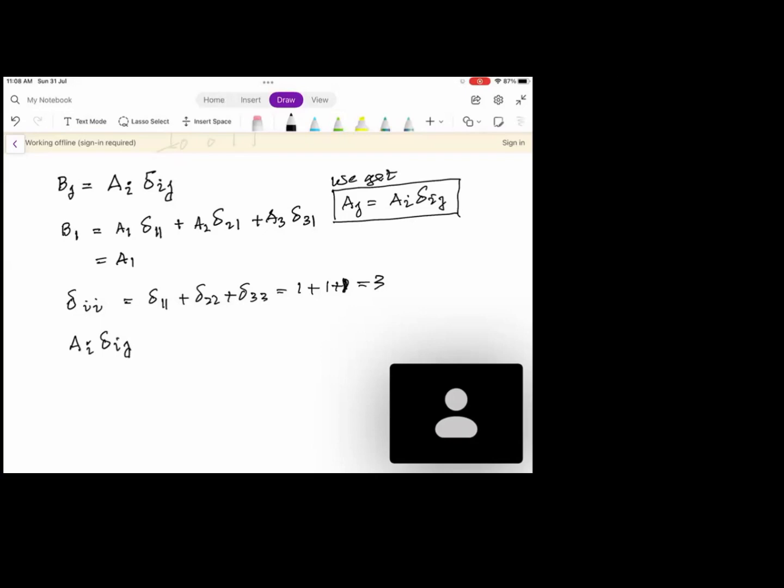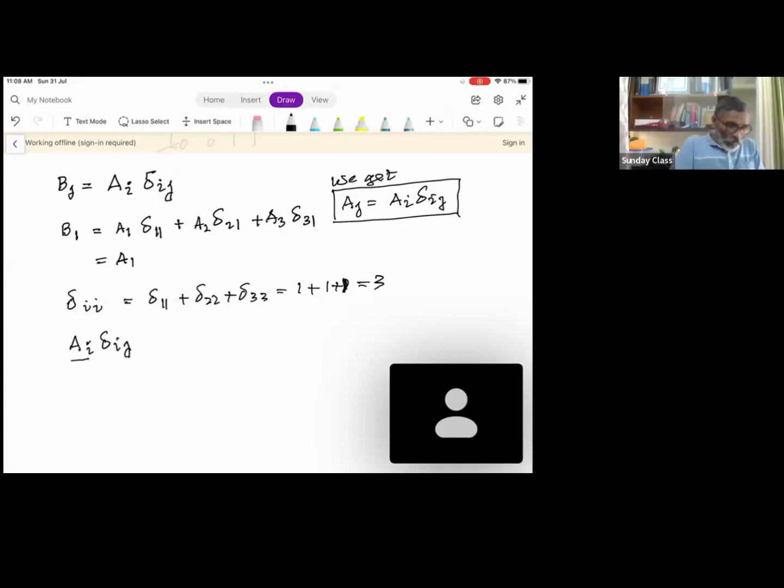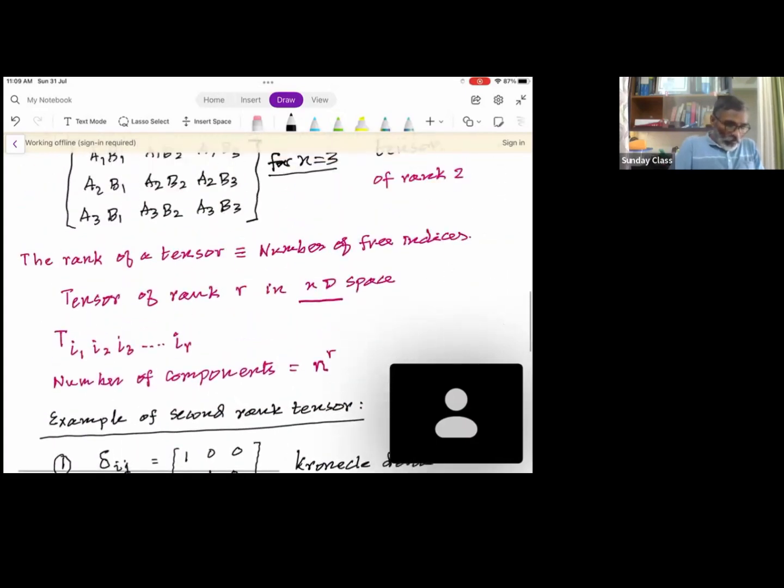Yes, sir. So here, this I belongs to A and this I belongs to delta H. So what Ritesh is asking is, can we still assume that this repeated index is summed over? Because these are two different symbols, the answer is yes. When we define the dot product, how did we define?